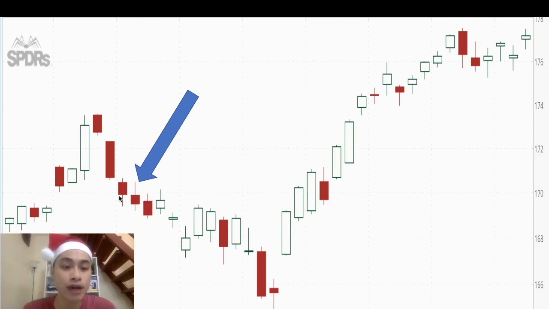What does it indicate to us? It indicates that prices are experiencing a very bearish momentum and that prices are likely to fall over time. As you can see, immediately after the three black crows pattern appeared, prices started to decline.